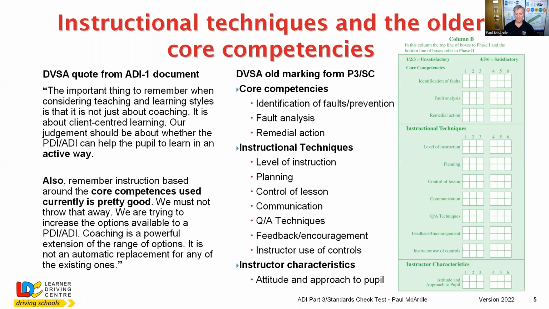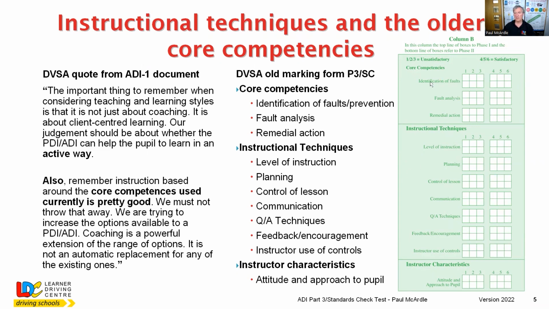And the final one is instructional characteristics. It's attitude and approach to the pupil. Again, as we'll see later on, that's also still very much there. It's about being professional. Are you as an instructor being professional, being responsible, giving a good example to your particular pupil? So these are the things that we're testing.